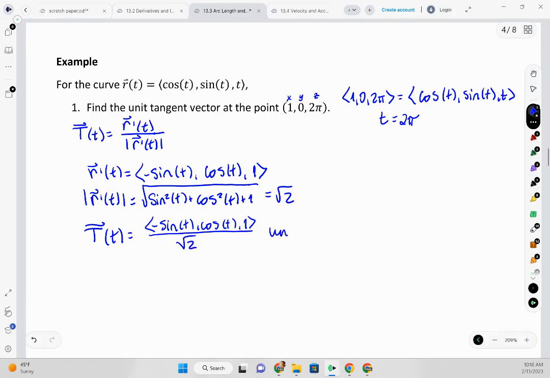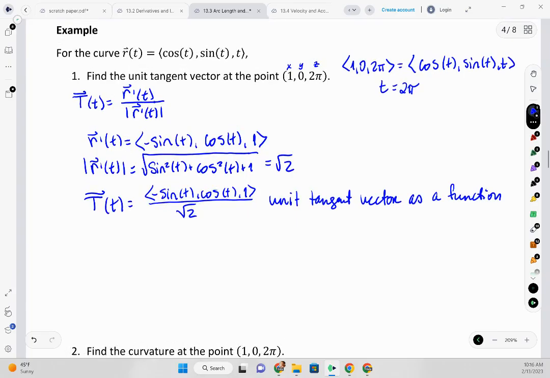So this is the unit tangent vector as a function. But we want to find it at t equals 2 pi. So that means we're going to evaluate our unit tangent vector at 2 pi, which means everywhere we see a t, put in 2 pi.